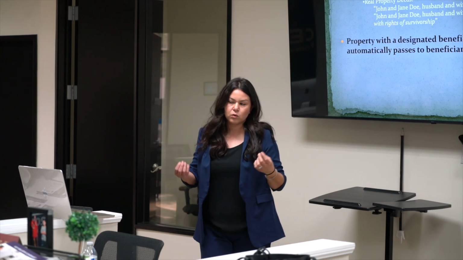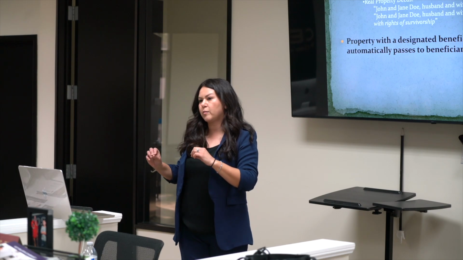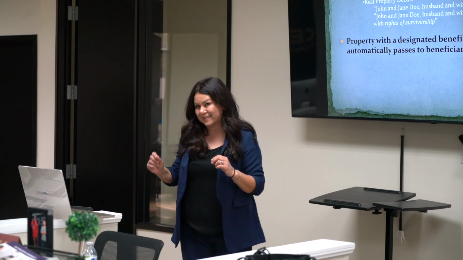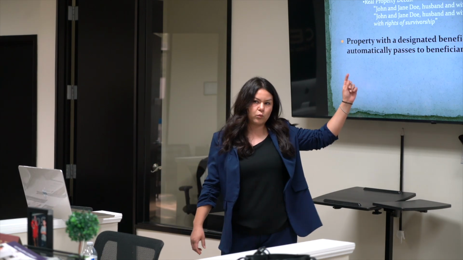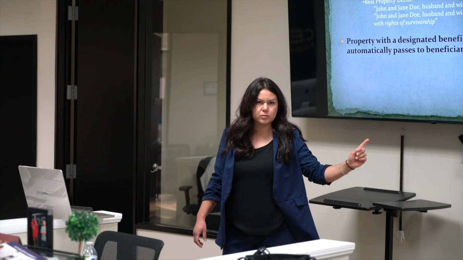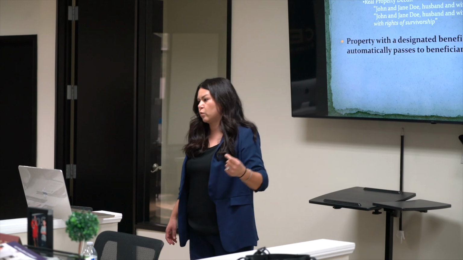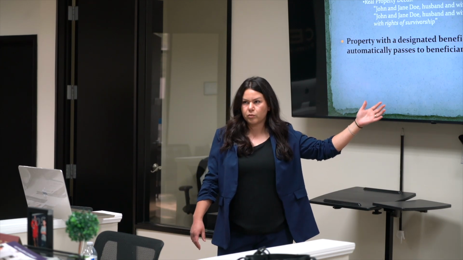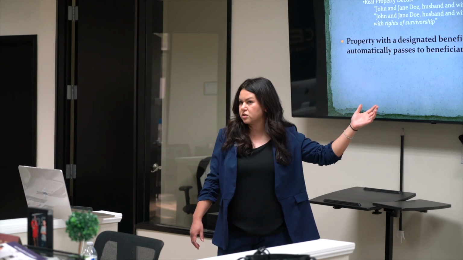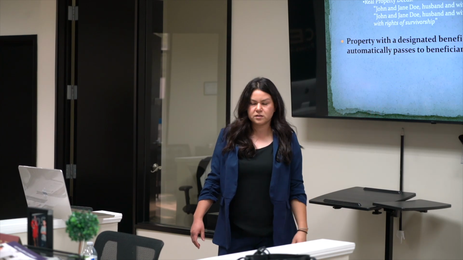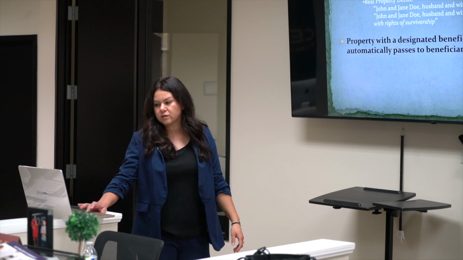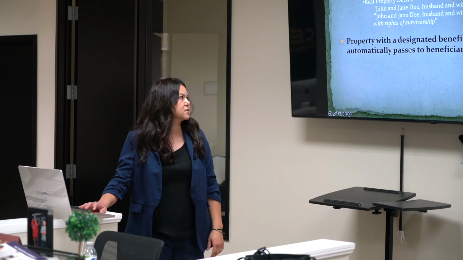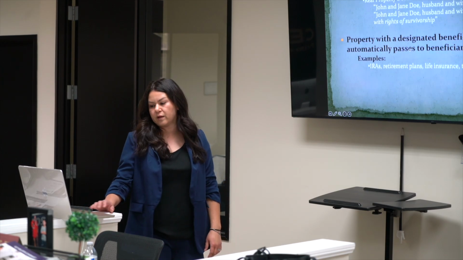If someone holds property as community property, and one spouse passes away and it does not say with rights of survivorship, that 50% is subject to probate. If the person left a will, you would have to probate the will, or there's a short form probate called the spousal property petition that I'll get into in more detail. So those are examples of property that does not go through probate.